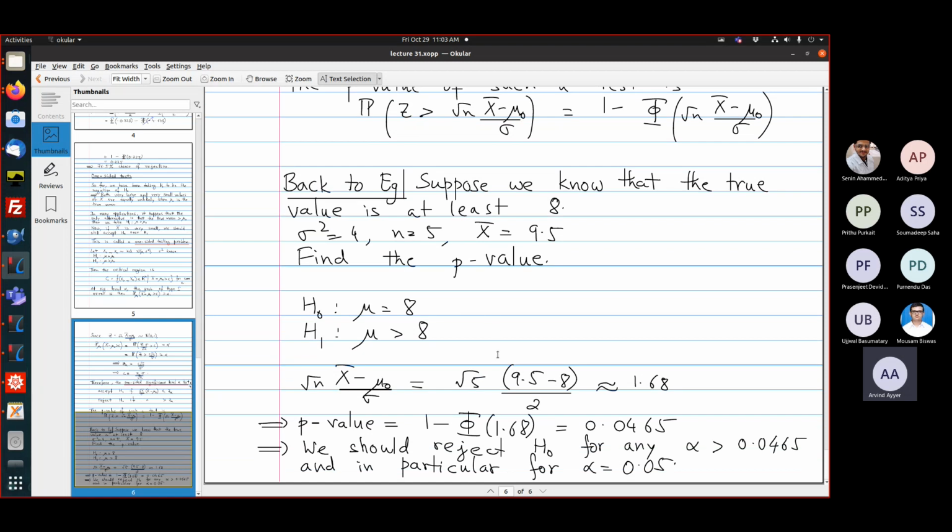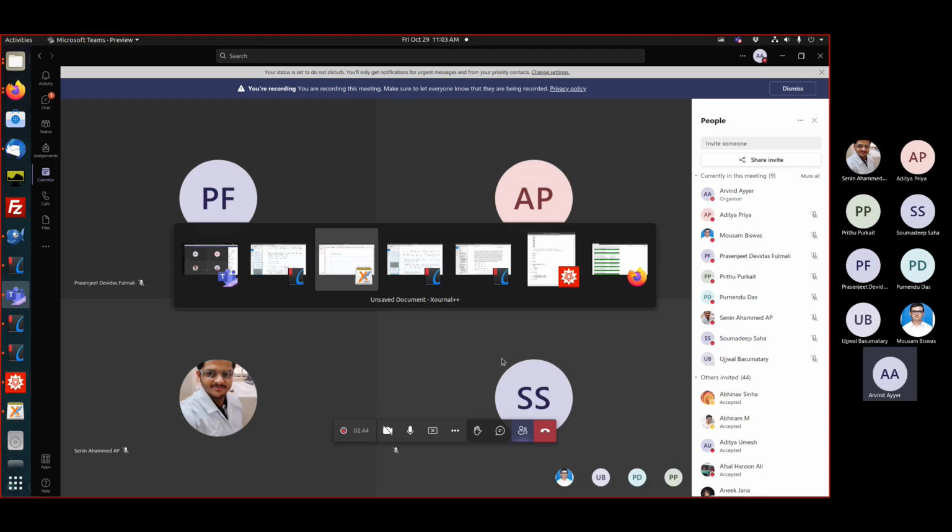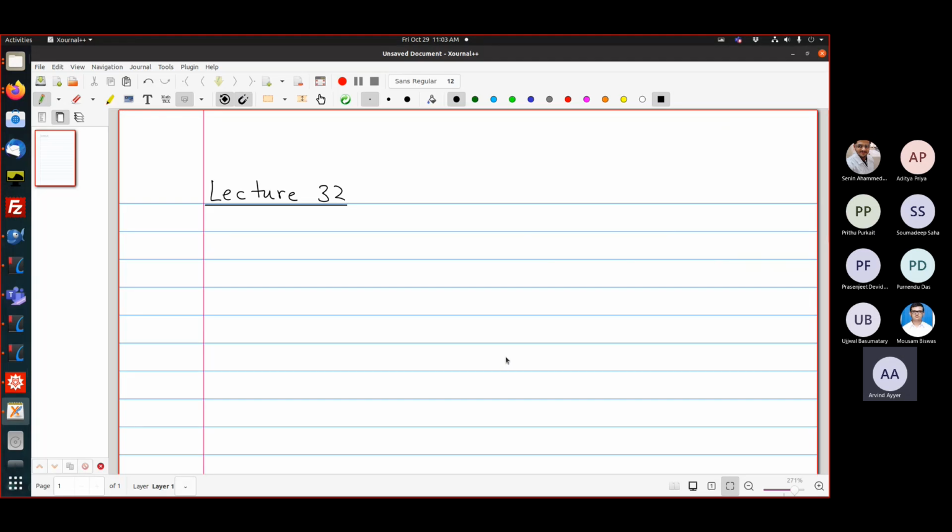Okay. So now let us compute the type 2 error for such a test.